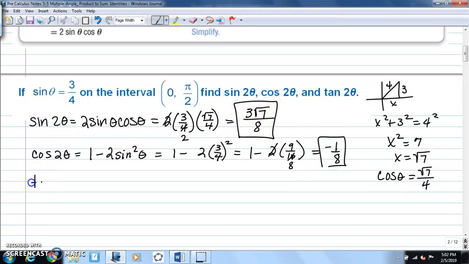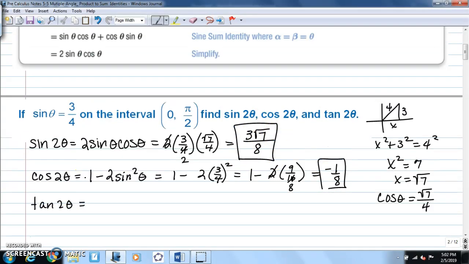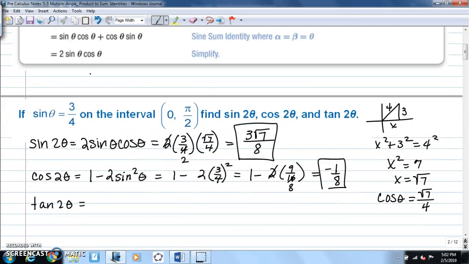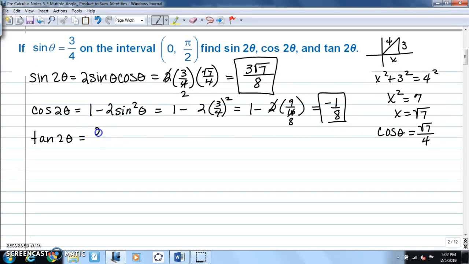So there's my answer for that one. Okay. Now tangent of 2 theta. Well, look at your formula here for tangent of 2 theta. It's 2 tangent theta over 1 minus tangent squared. So we have 2 tangent of theta over 1 minus tangent squared of theta. Again, we don't know what tangent of theta is, but we have this right triangle over here that's going to help me.